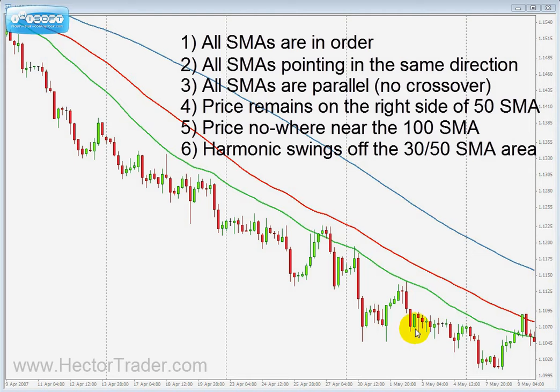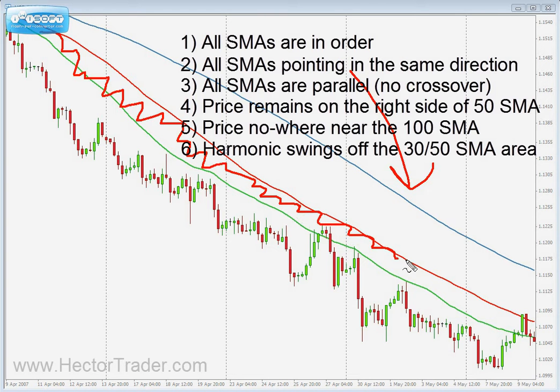All right, that's what I call myself the dynamic area of support and resistance. Well, in this case, resistance, since we are in the downtrend. Okay, I usually mark the area between the 30 and the 50 simple moving average as a dynamic area of resistance. I like all the swings to take off around from this area.